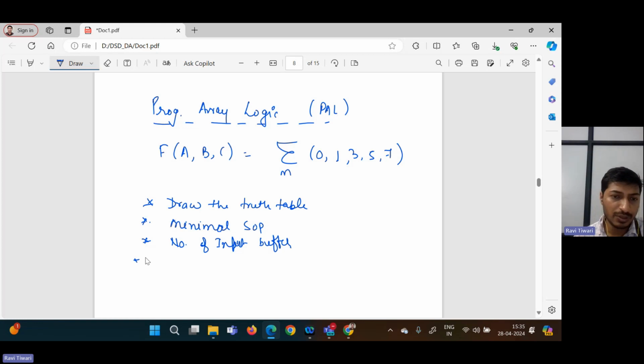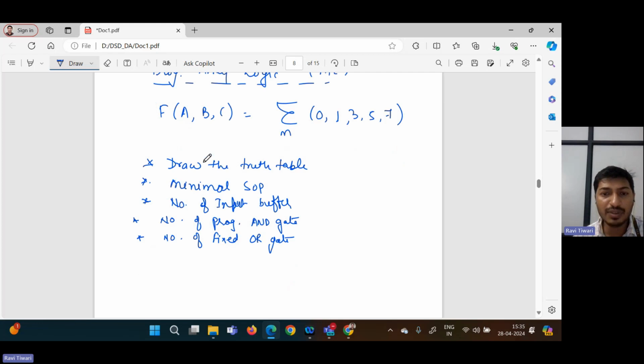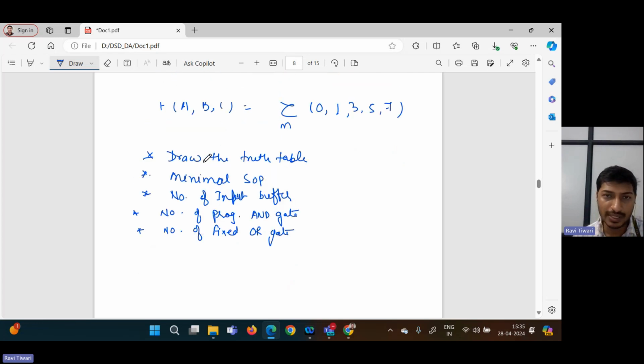In the fourth step, we need to find out the number of programmable AND gates. And in the fifth step, we need to find out the number of fixed OR gates. Because in PAL, we have a fixed OR gate, whereas in PLA, we have the programmable OR gate.